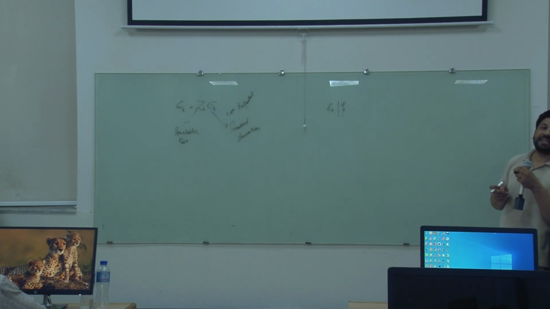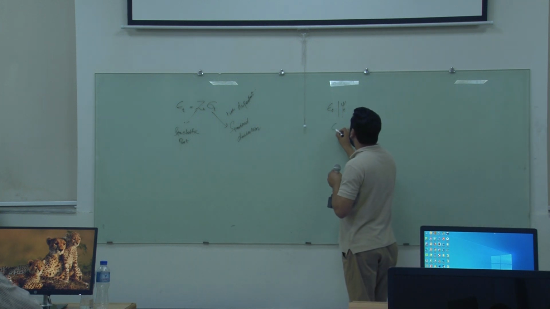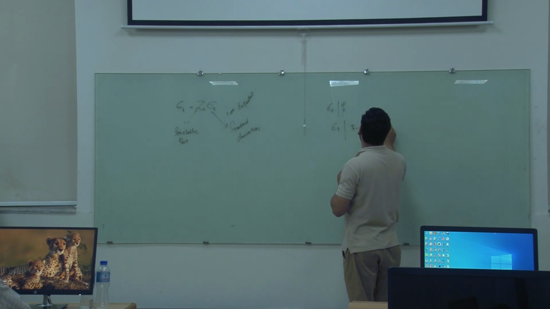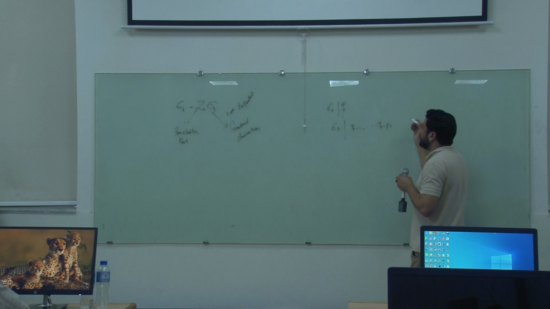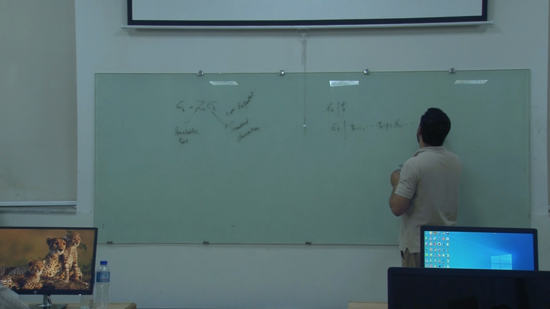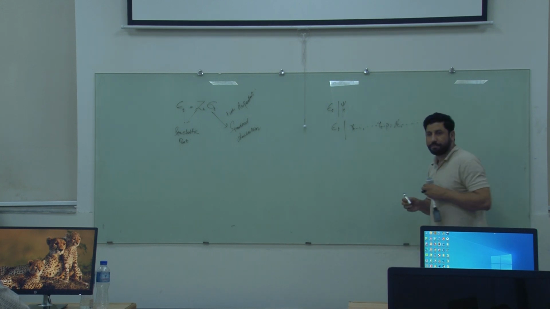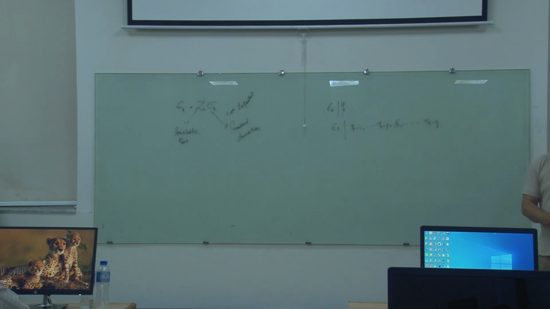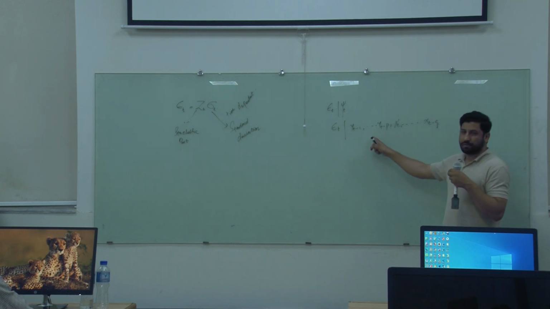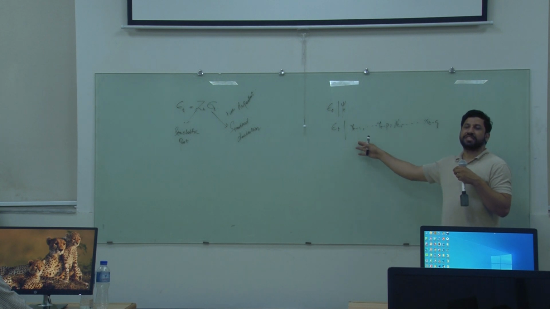So it means there is again the problem of endogeneity. Like Et depends upon Yt minus 1, up to Yt minus P. If there is another variable xt, it depends upon xt minus q. That is why we say it is autoregressive conditional, because there is a condition.